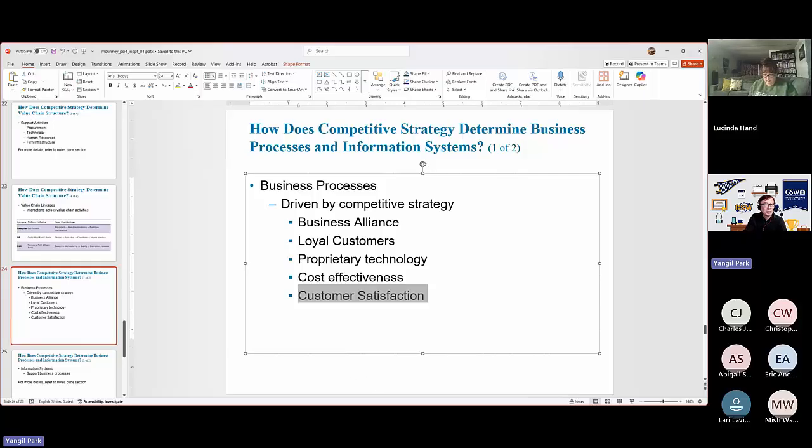For example, I just talk about Apple and Amazon, but when it comes to business alliances, so many companies, even though they're in different sectors, they have business alliances, like Uber, for example. Uber with Spotify, they integrate the music streaming with Uber riding experience.